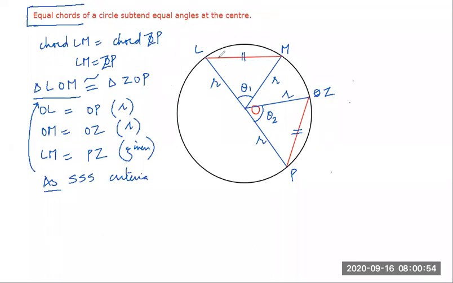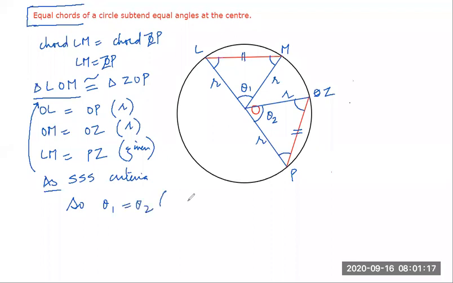Means angle L will be equal to angle P, angle M will be equal to angle Z, theta 1 equal to theta 2, then LO will be equal to OP, MO is equal to OZ, and LM is equal to PZ, but that's already given. So here we have proven theta 1 is equal to theta 2.